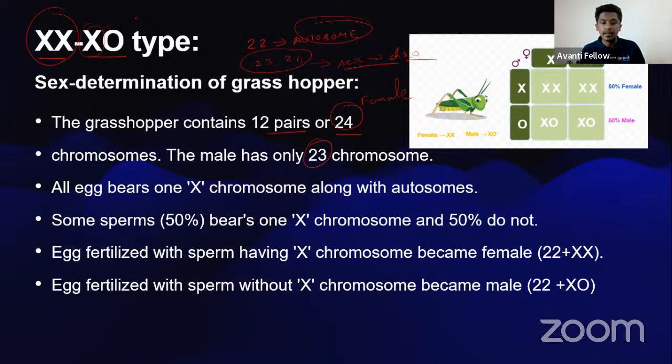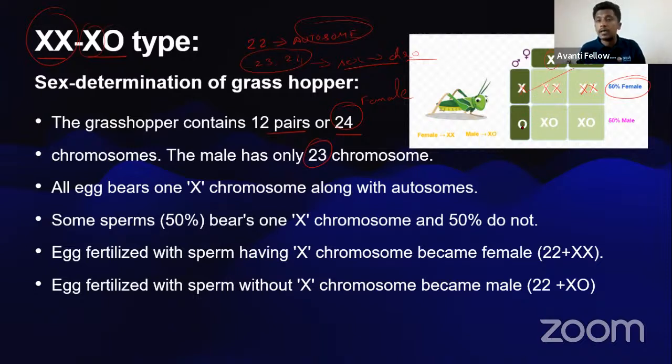So now, let us say that this is our male and this is the female. Whenever a male sperm carrying the X chromosome fuses with the egg having the X body, that will give rise to XX, which will give us the females. Whereas when there is no chromosome in the sperm, that doesn't mean that it doesn't have any chromosome, students.